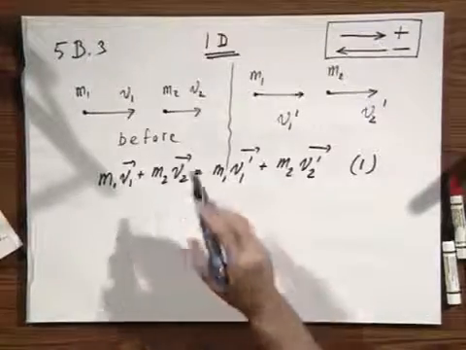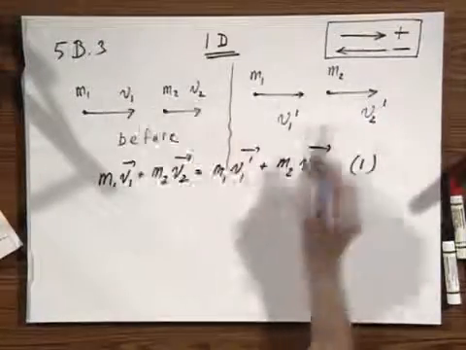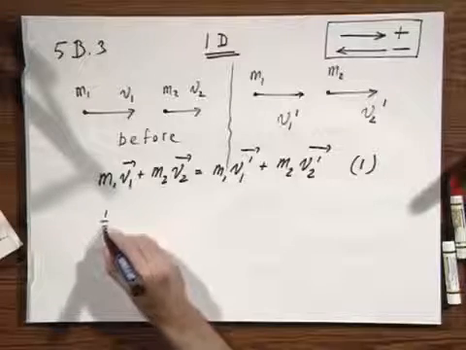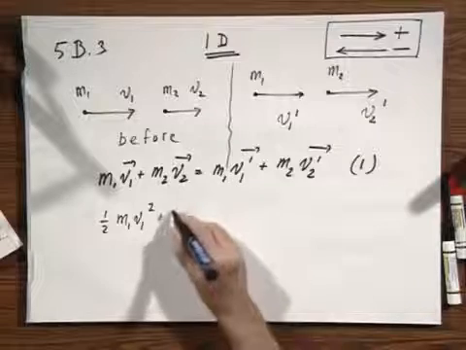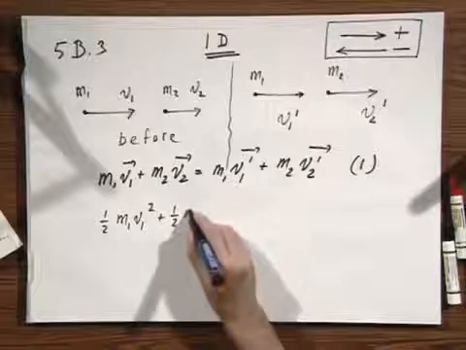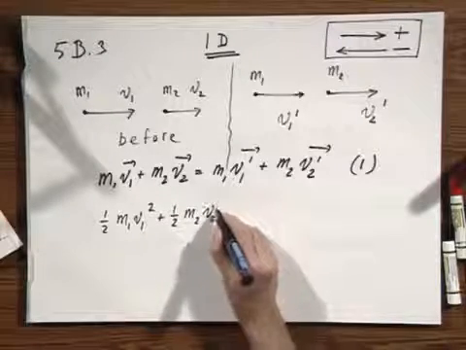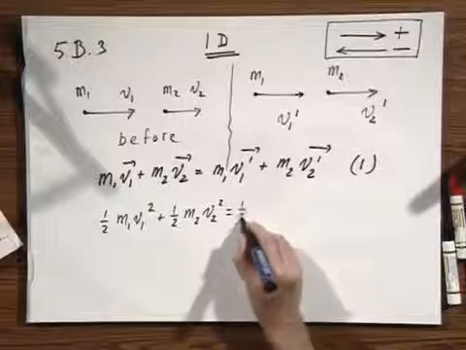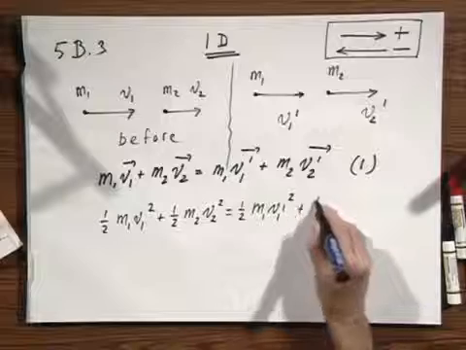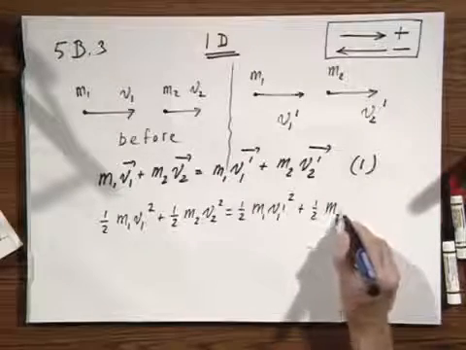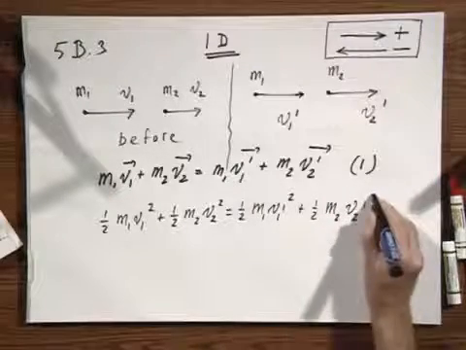Now it is given, or I'm telling you, that this is also an elastic collision, so you also have that the kinetic energy is conserved: 1/2 m1 v1 squared plus 1/2 m2 v2 squared equals 1/2 m1 v1 prime squared plus 1/2 m2 v2 prime squared.